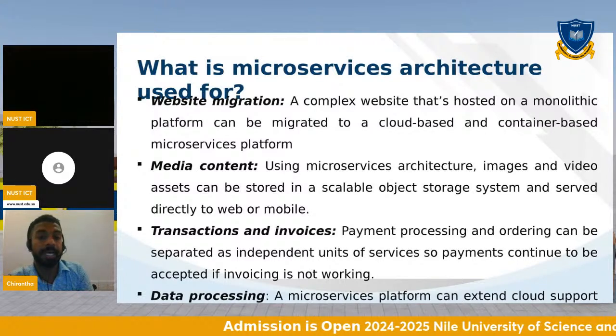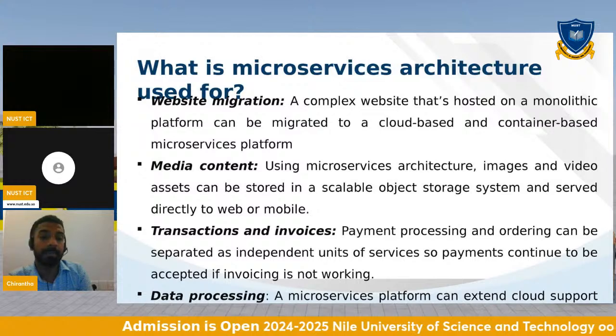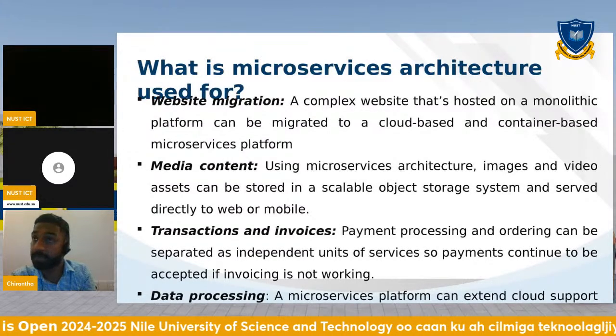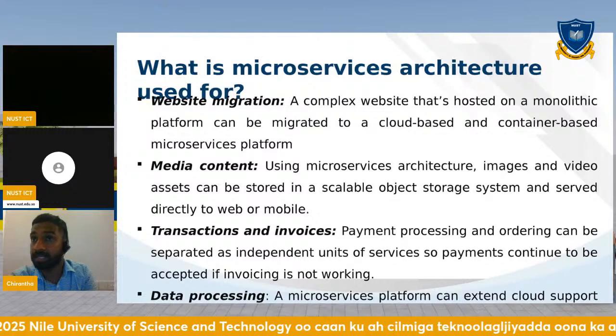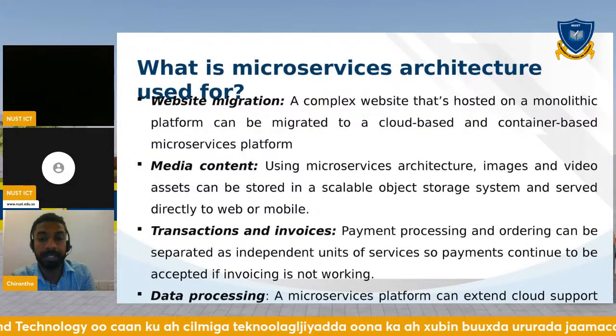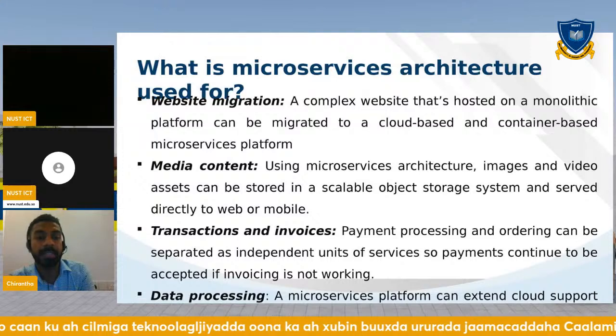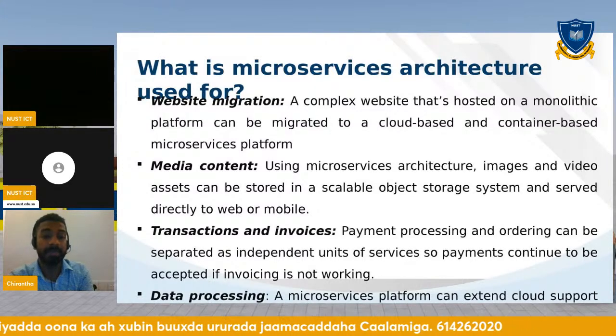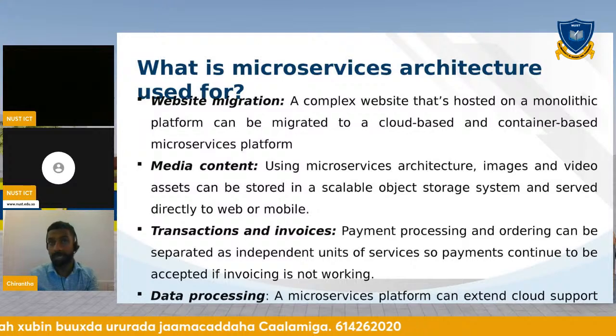A complex website that is hosted on a monolithic platform can be migrated to cloud-based and container-based microservices platforms. The migration is much easier. Then the media content: using microservices architecture, images and video assets can be stored in a scalable object storage system and served directly to web or mobile.